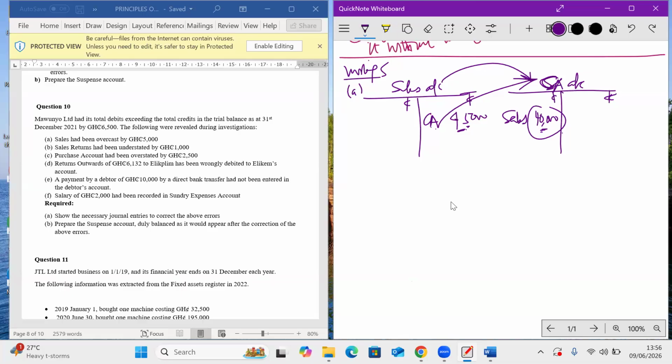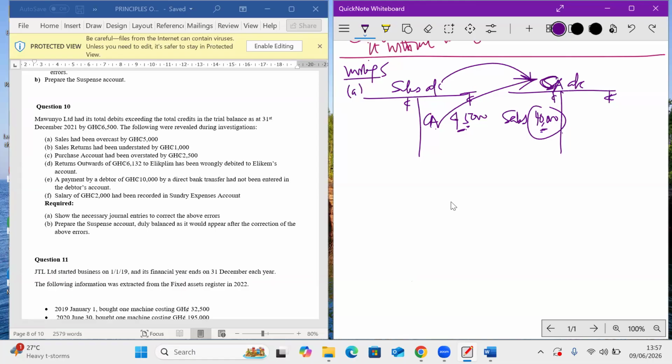Why? How did I tell you to spot when the error will affect the agreement of the trial balance? How did I teach you to do it?